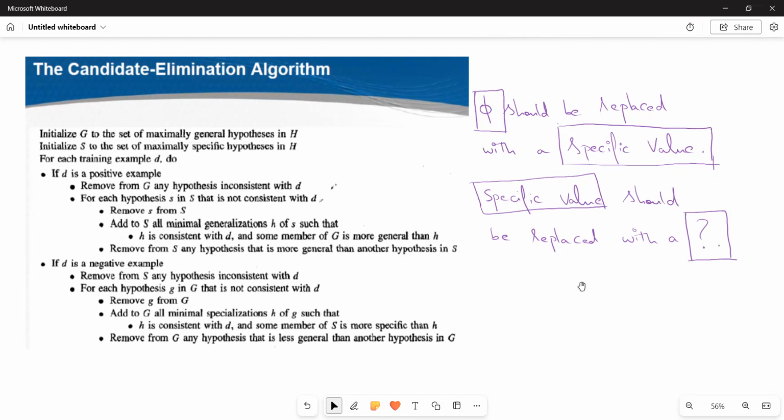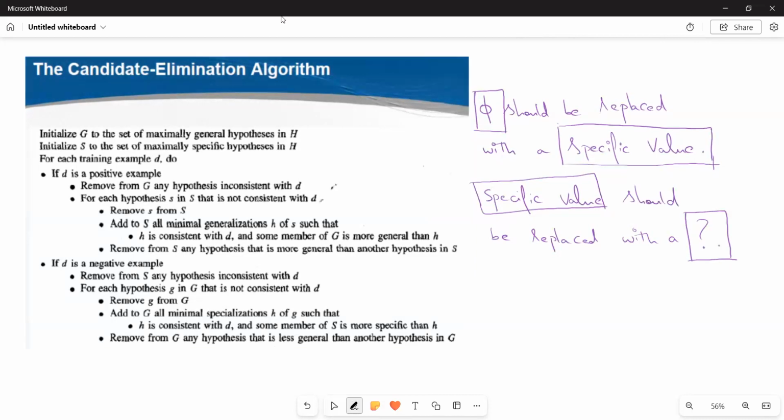So now what do we need to do? We need to add all minimal specializations of G which are consistent with D. So what did we do here? We had to add to S all minimal generalizations, which meant null will be replaced with a specific value. Here, if you have a question mark, then this question mark will be replaced with a specific value.